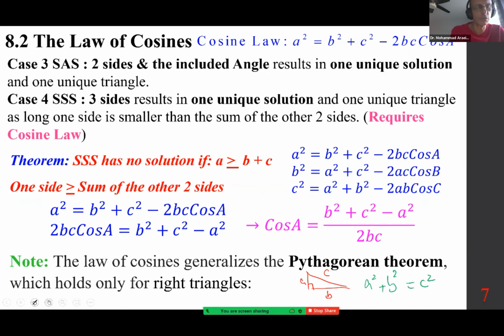If you look at this formula, because this angle is 90 degrees, its cosine is 0, so this term goes to 0, and that works out. So this is a generalized form, which means this works for any angle. And when it's 90 degrees, it's a special case of the cosine law. That's the concept, everybody.